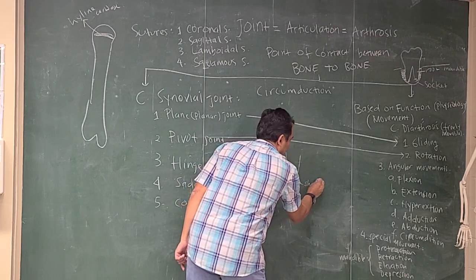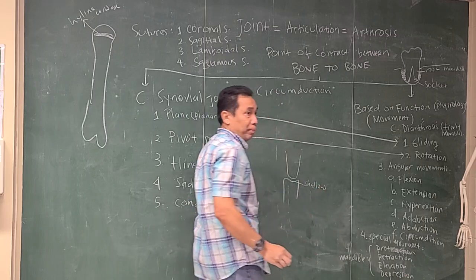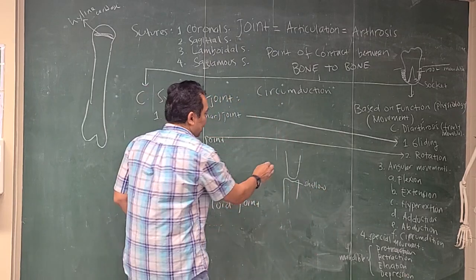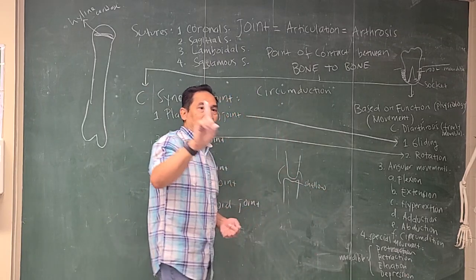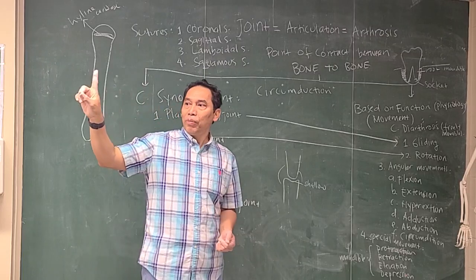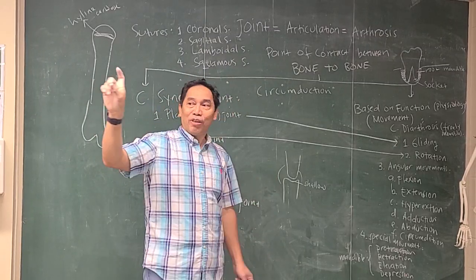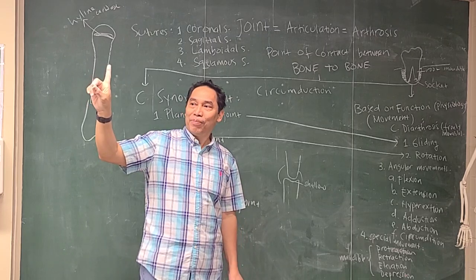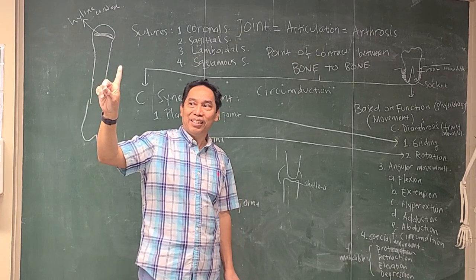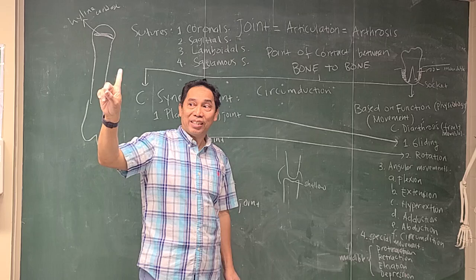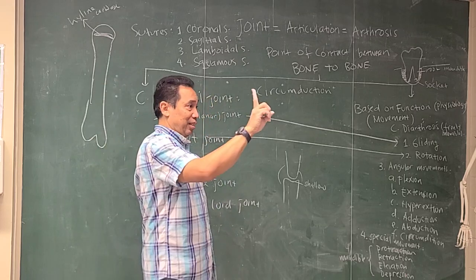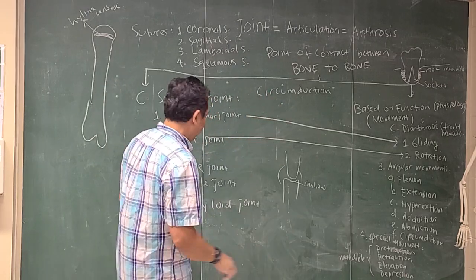It's not that deep. The joints between your fingers are mostly condyloid. What kind of movement can you make? Flexion, extension, flexion, extension. That's condyloid.